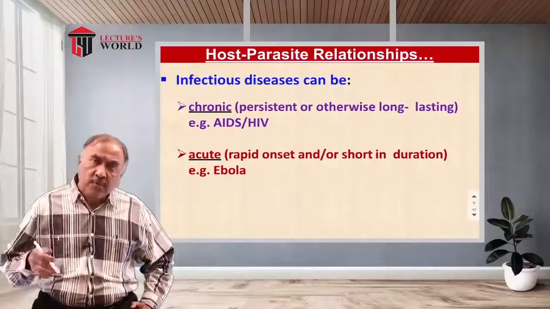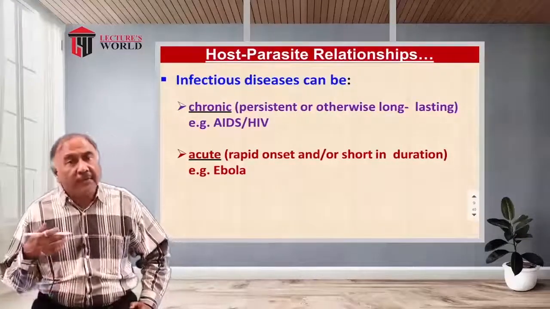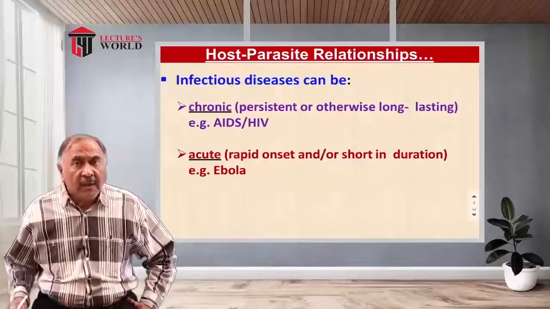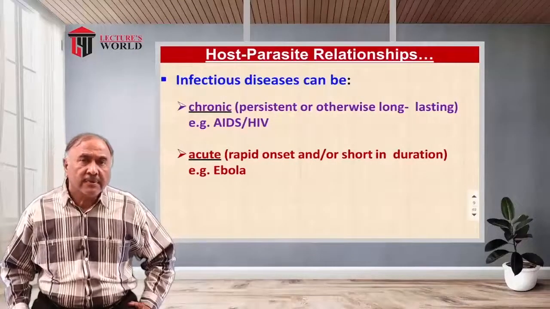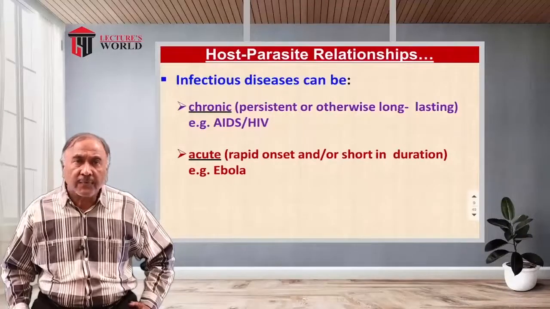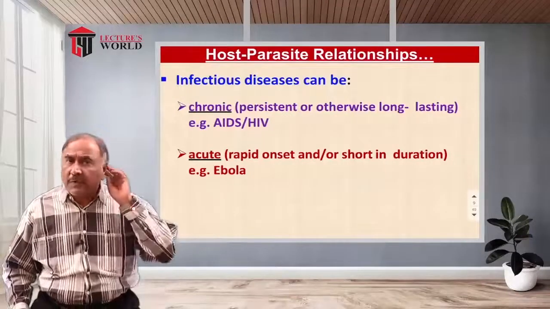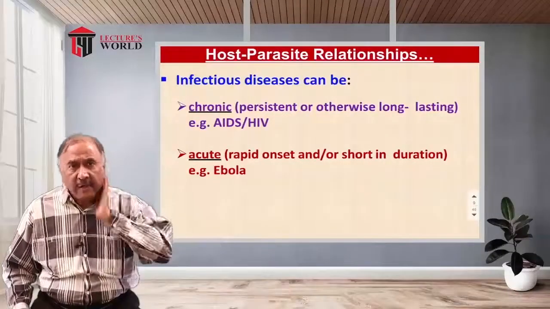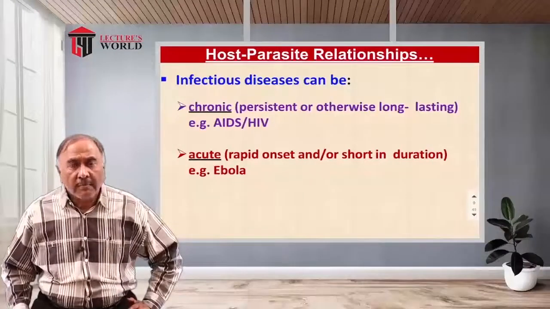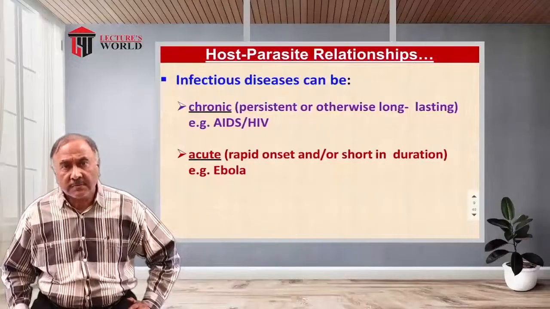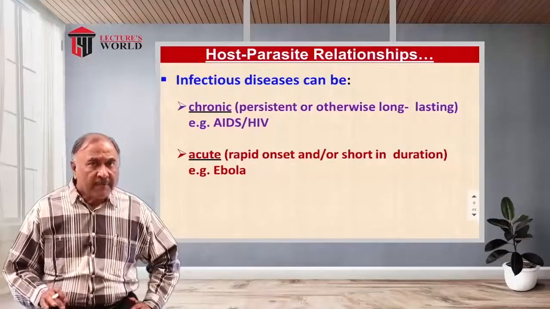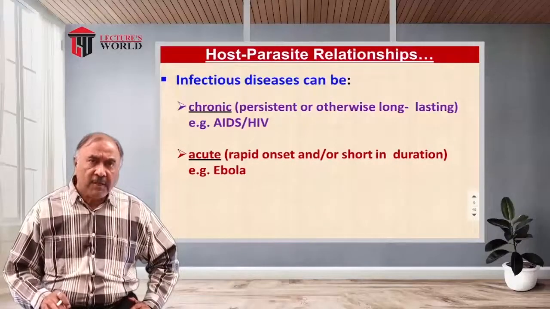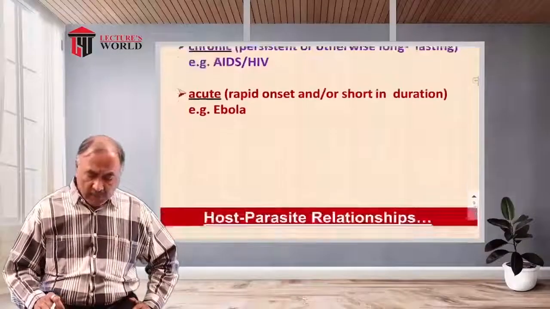In contrast to chronic infections like, for example, TB or AIDS, it takes months to develop tuberculosis. And again, once the person is infected, it would take many years of treatment. So this is about the type of infectious disease which we call chronic and acute.